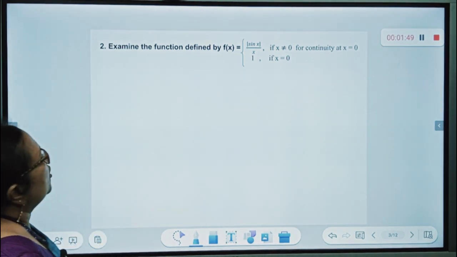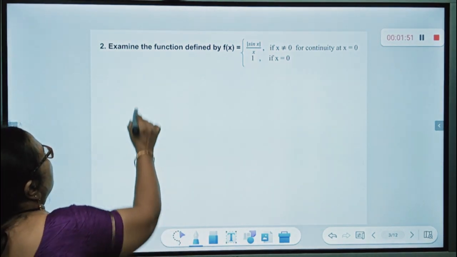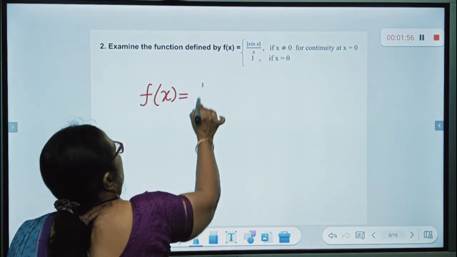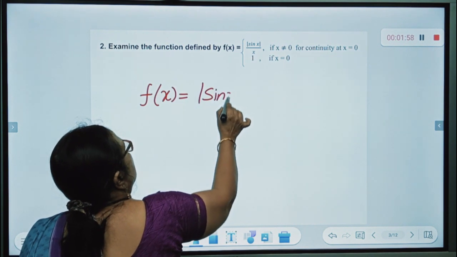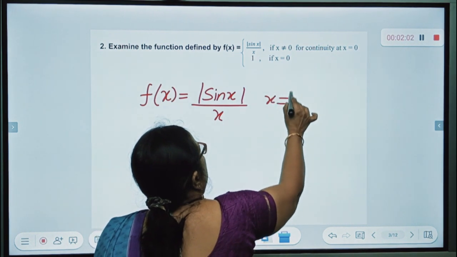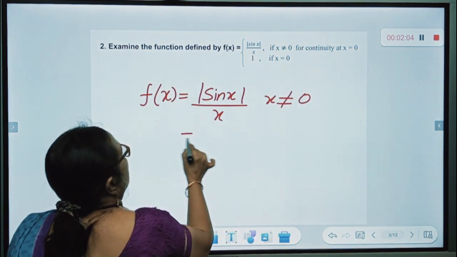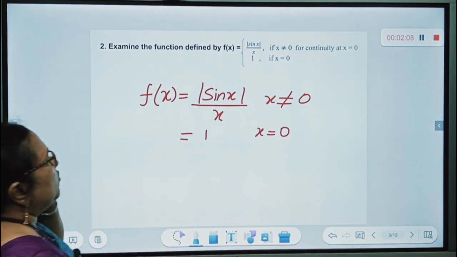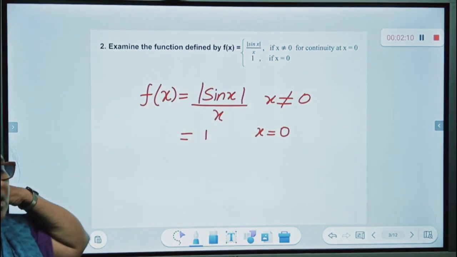Now look at the next problem. You have f of x equal to modulus of sin x by x when x not equal to 0, equal to 1 if x is 0. We want to check continuity at x equal to 0.